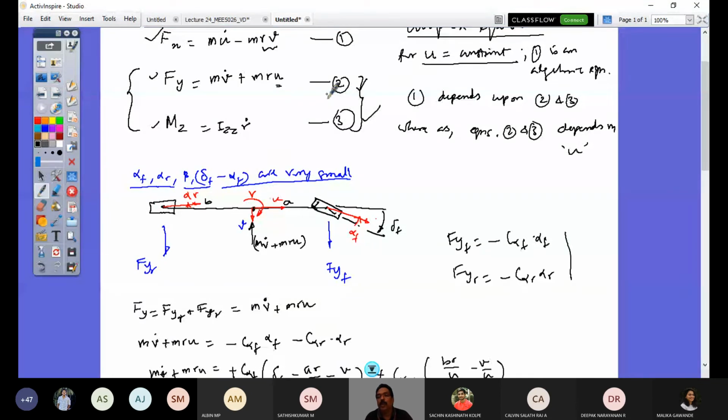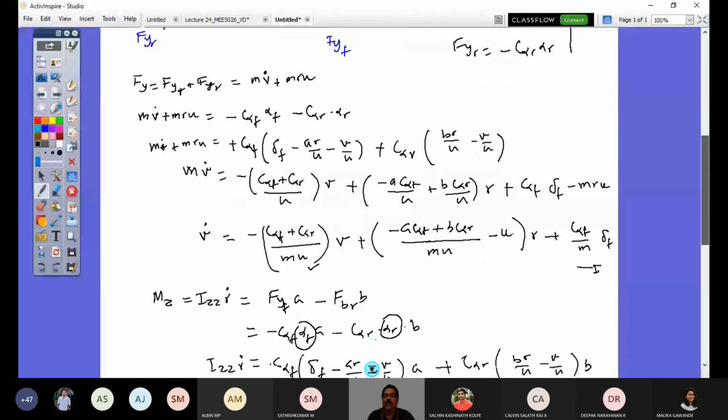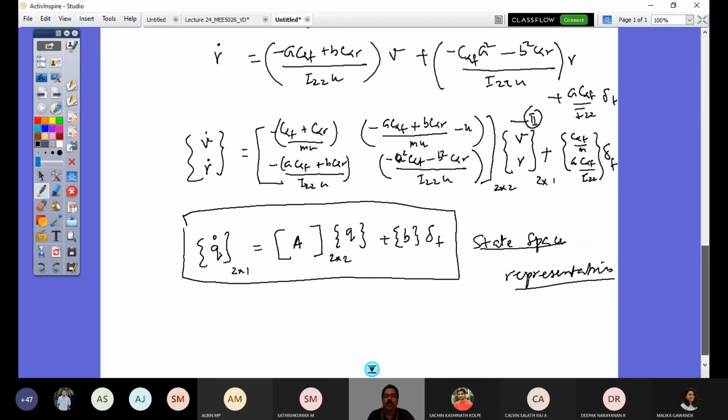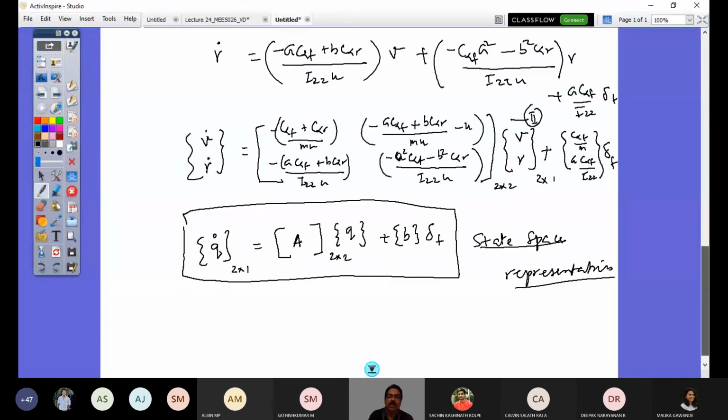With low speed, low angle cornering, that would normally happen at moderate or high speeds, your governing equation is represented by this form. Why? Because basically this mathematical equation is for control system design.